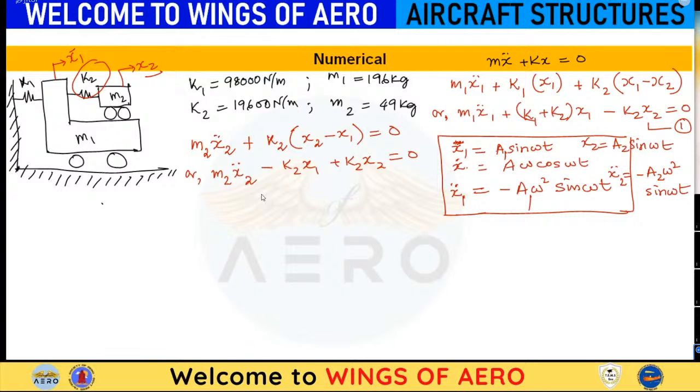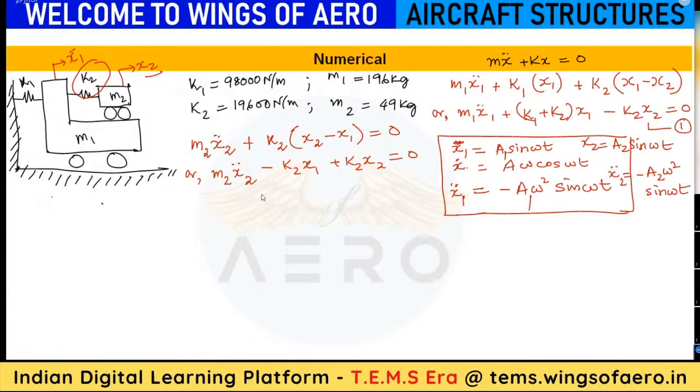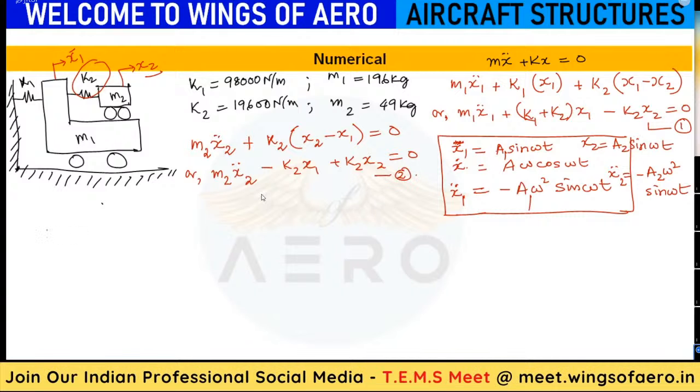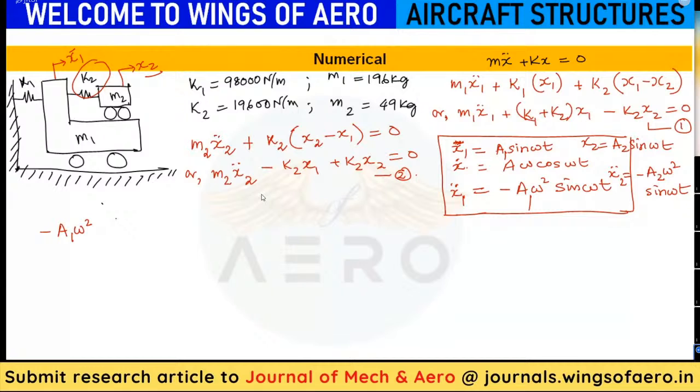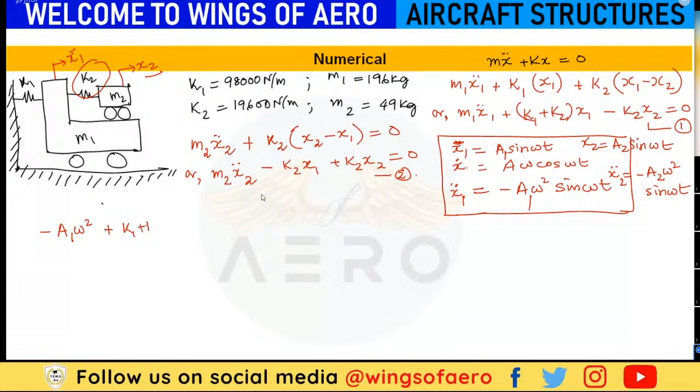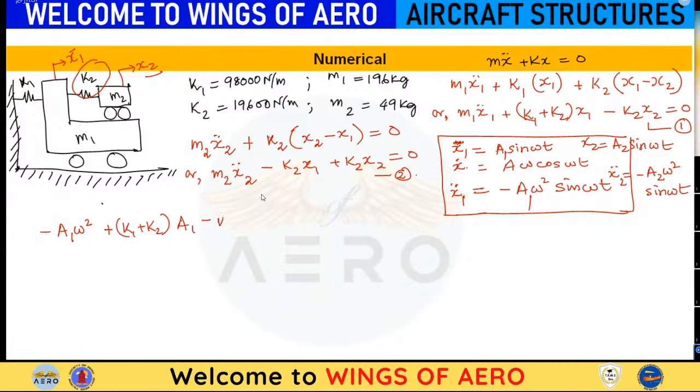So if you ignore it and substitute that in equations 1 and 2, what you will get is something like this: minus a1 omega square, sine omega t will get cancelled off, plus k1 plus k2 into a1 minus k2 of a2 equal to 0.